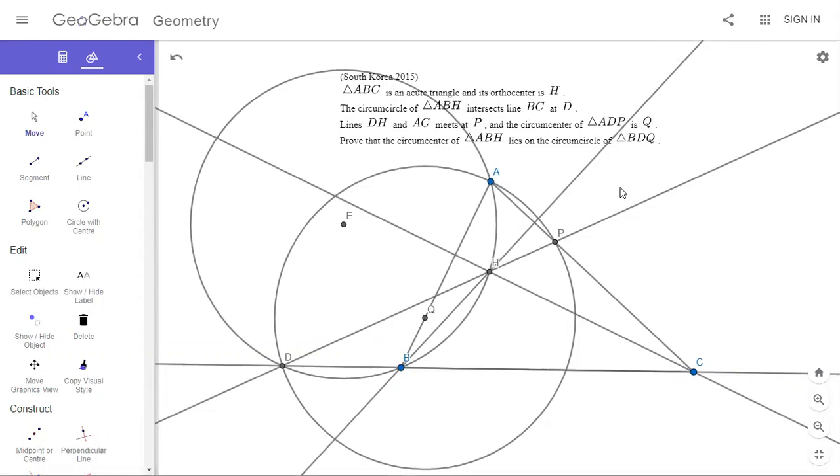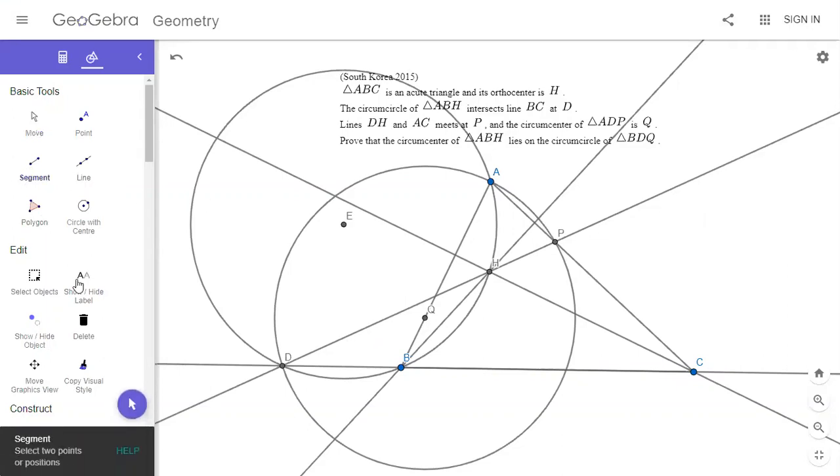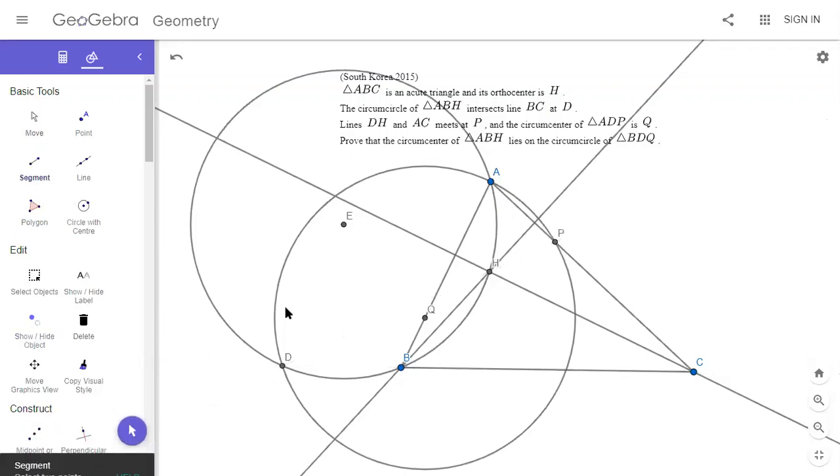I don't know if that solves it. Yeah, I'm not sure. So we want to show EQBD is cyclic. I'm going to erase some of the excess. There we go.